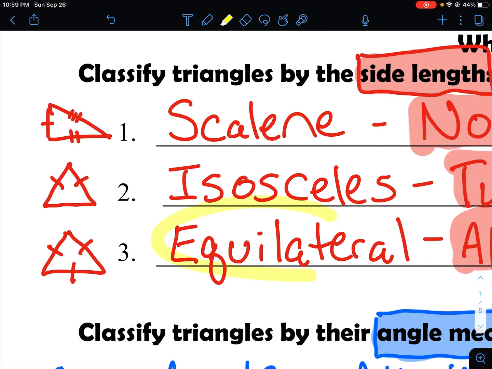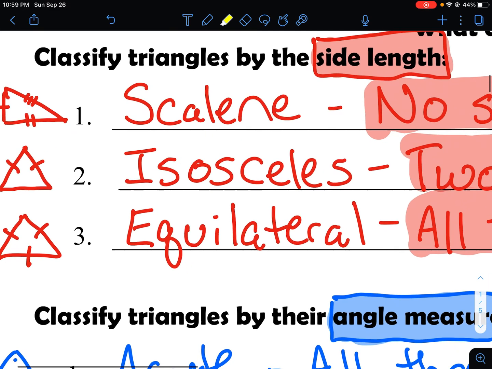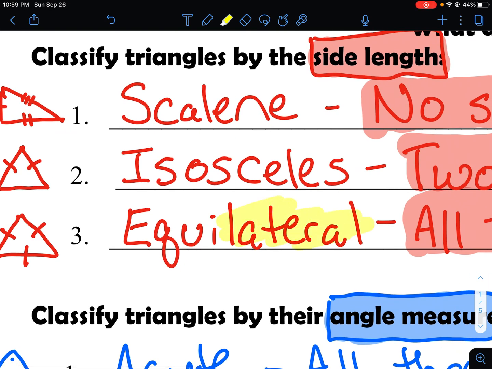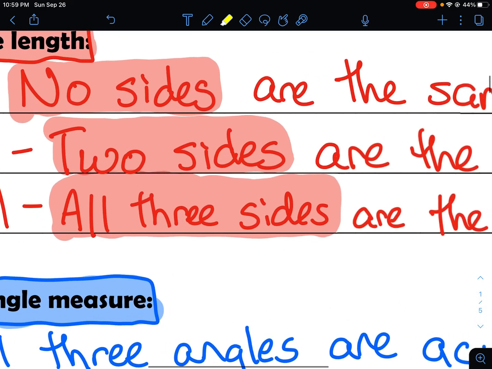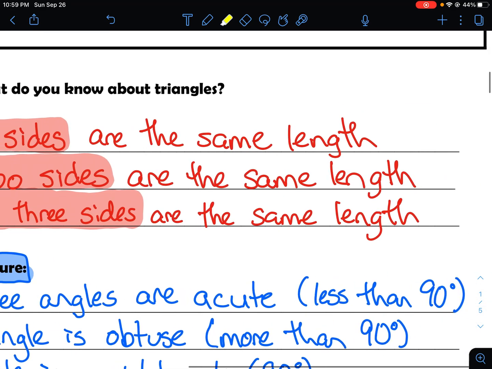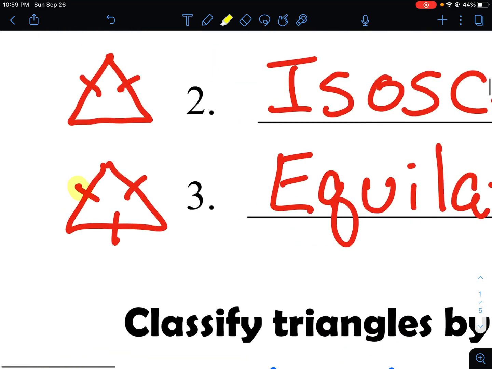And then for an equilateral triangle, we kind of see this prefix equa, meaning equal. And then lateral means sides. Like if you're moving laterally, you're moving sideways. So equilateral directly translates to equal sides. All 3 sides of the triangle are the same length. So in an equilateral triangle, all 3 sides are the same.